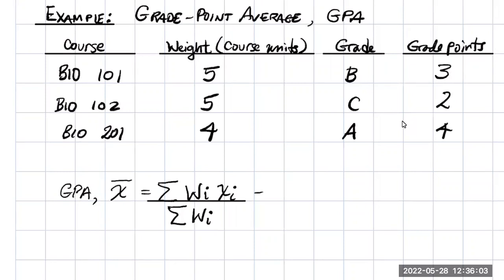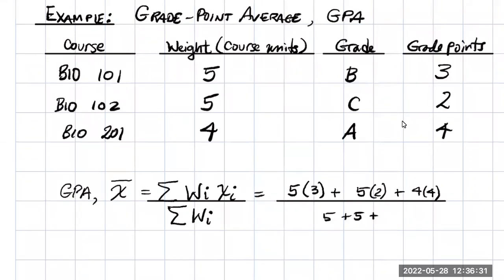So here's what we'll get for the following. Note that the X sub i represents the grade points, okay? And of course, the sum of all the weights in the denominator.